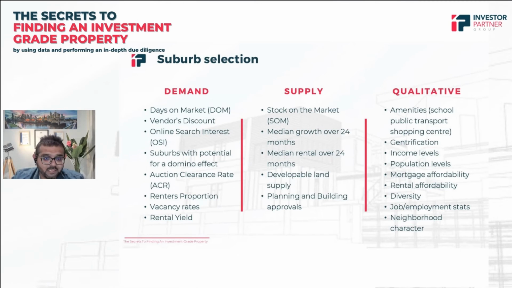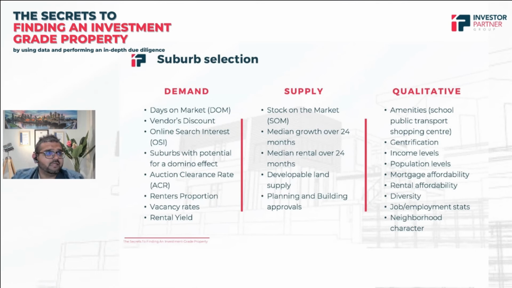It's quite the key, quite the important. It's a very, very important list. Don't discount the importance of rental affordability, mortgage affordability, income level changes, population changes, job and employment rates, together with everything else that you're looking at.